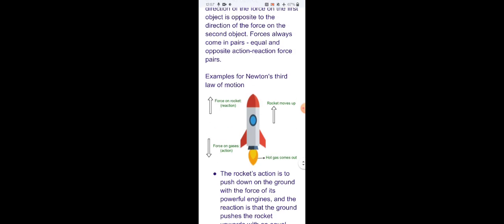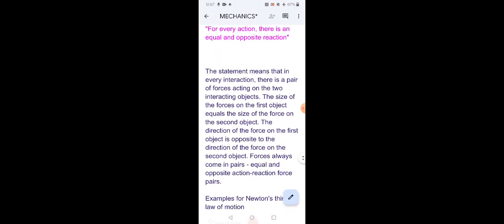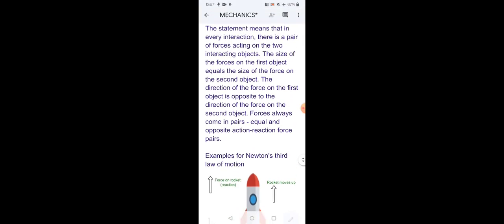Then only the rocket moves upwards. This statement means that in every interaction there is a pair of forces acting on the two interacting objects. In this picture, the two interacting objects are the earth and the rocket.